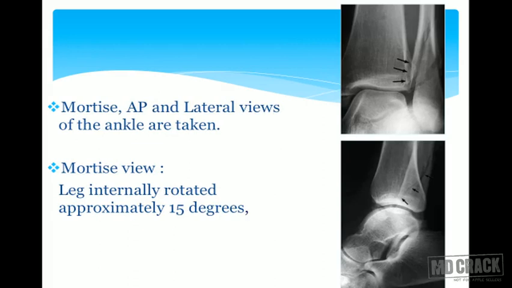Coming to the investigations, in radiology we take the X-ray of the ankle in the anteroposterior and lateral views. Also, the additional X-ray which is taken specially for the ankle is the mortise view. The mortise view is taken when the leg is rotated internally by approximately 15 degrees. So you can clearly see a fracture of the distal fibula, which can otherwise be missed, as seen in this X-ray.